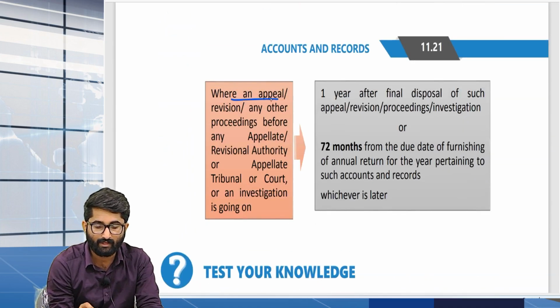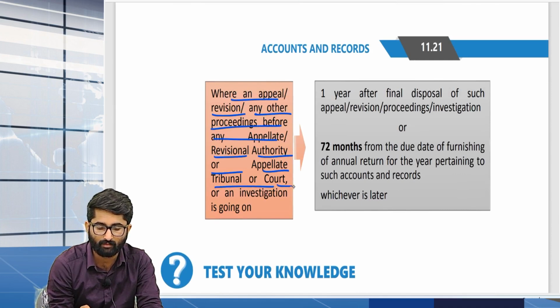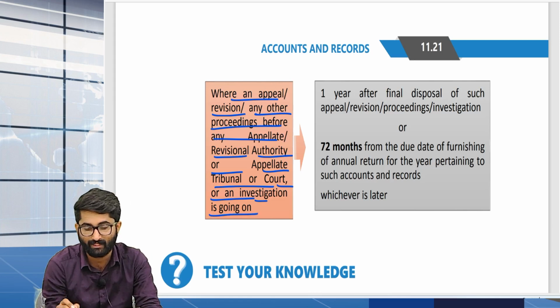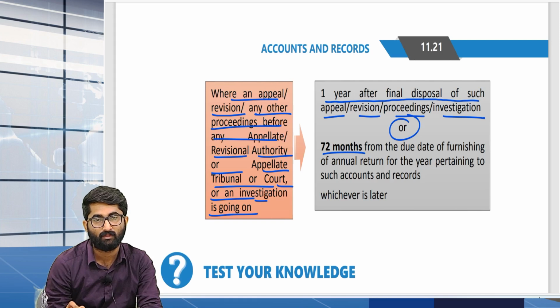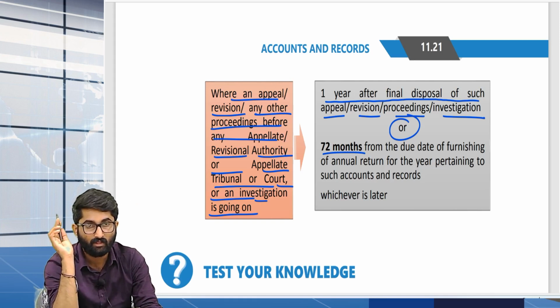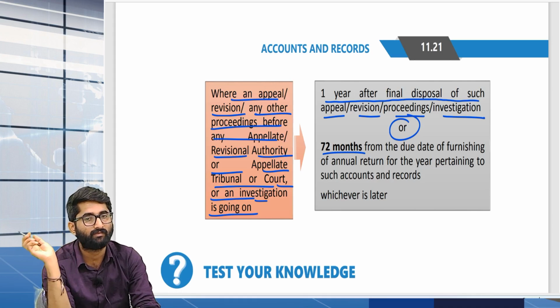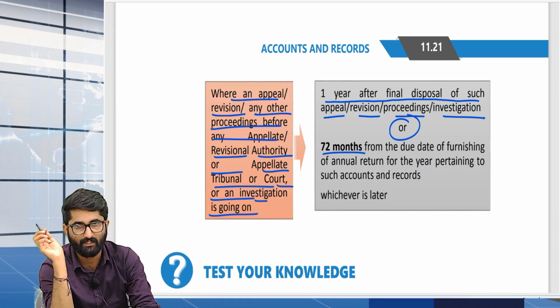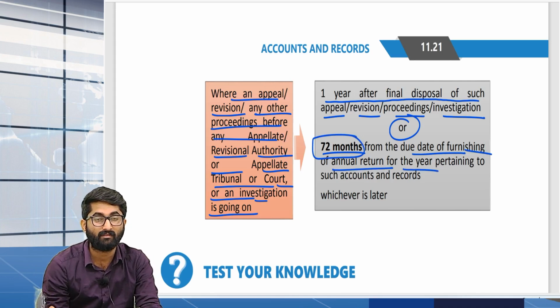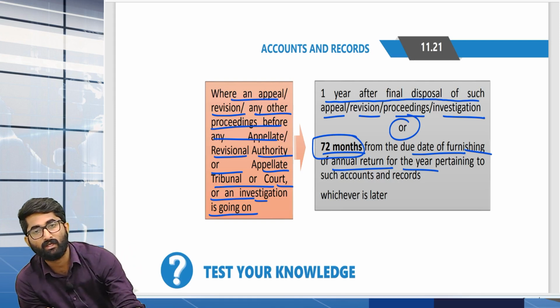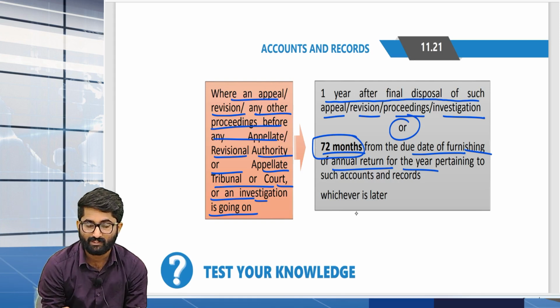Where an appeal, revision or any other proceeding before any appellate or revisional authority, appellate tribunal, court, or investigation is going on, then 1 year after the final disposal of such appeal, revision, proceedings or investigation, or 72 months from the due date of furnishing the annual return for such documents pertaining to such accounts and records, whichever is later.